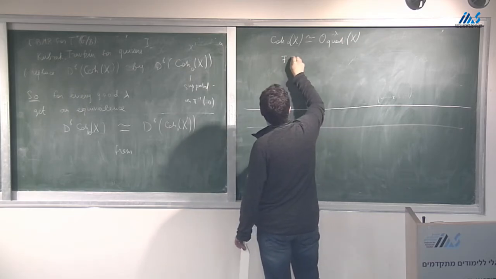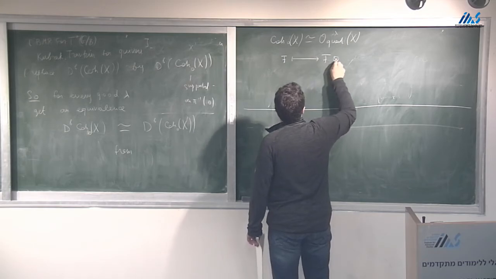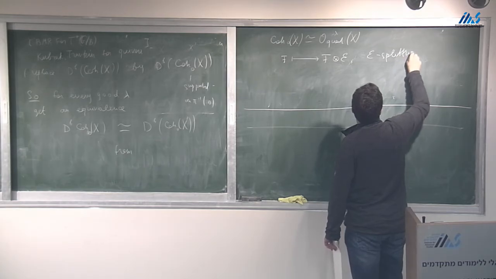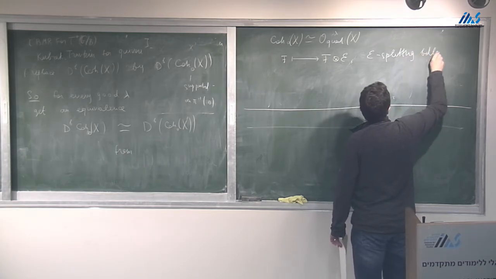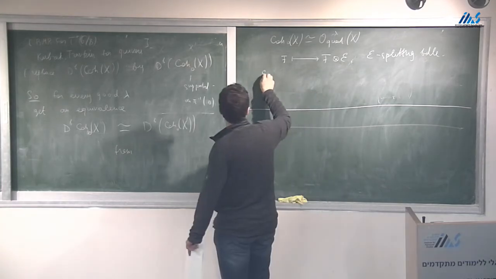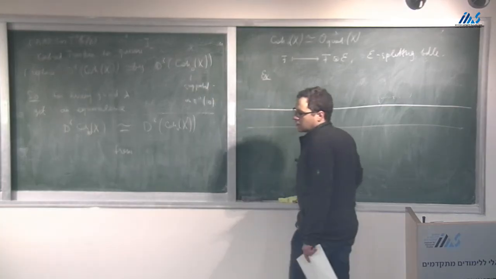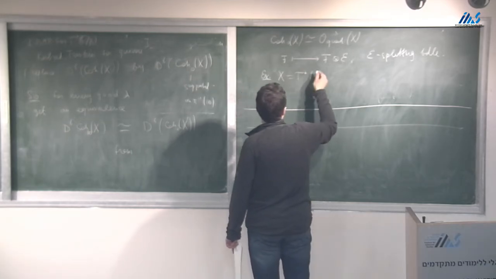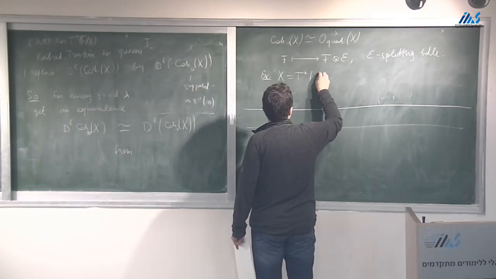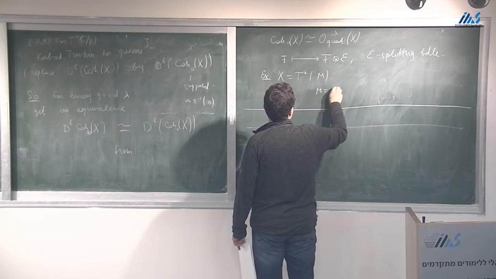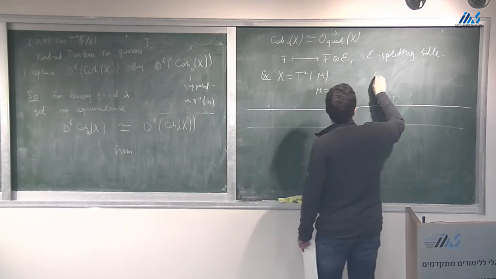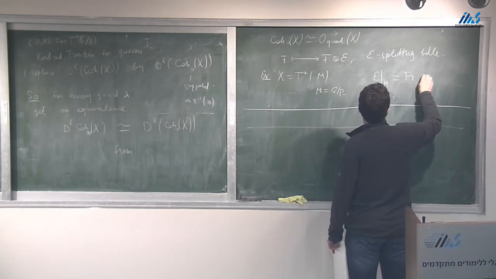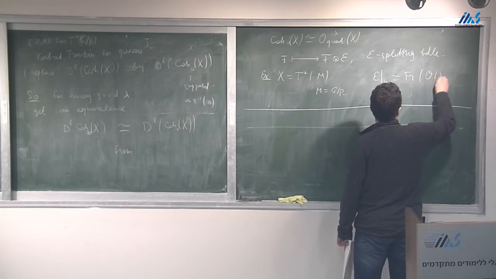It sends a sheaf F to F tensor E, where E is the splitting bundle. And just a quick example: if X is T* of something, in particular T* of M, where M is something like G mod P, then E, just on this zero section, is the direct image of the corresponding line bundle under Frobenius.